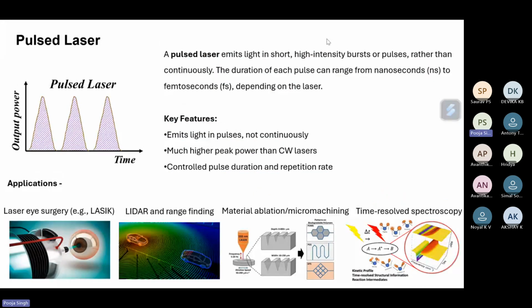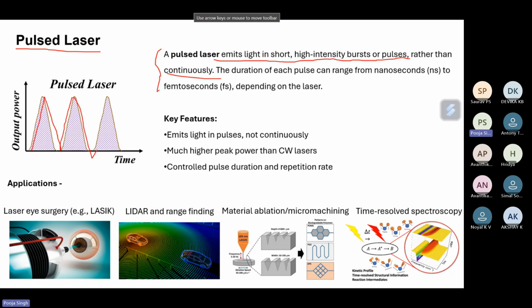Now, second is the pulse laser method. So the pulse laser we were talking about basically emits the light in short, high intensity bursts or pulses rather than continuously. As I told, this laser emits light for some time, and after that stops, then again it rises, then stops, again rises, stops.